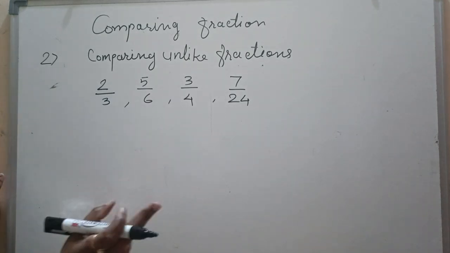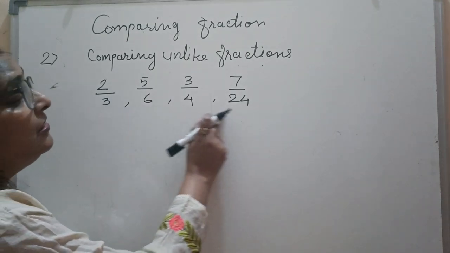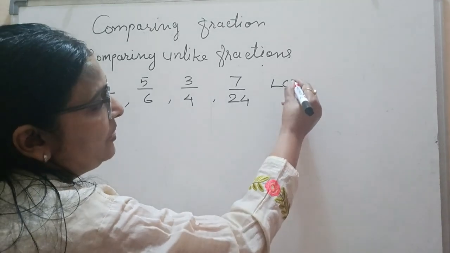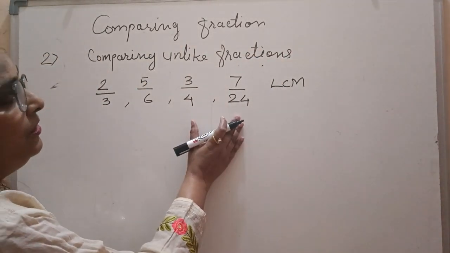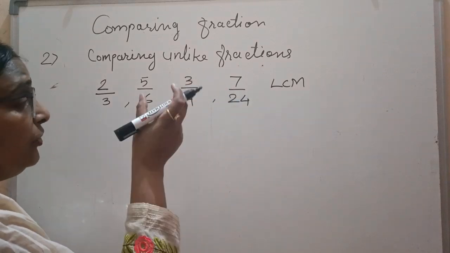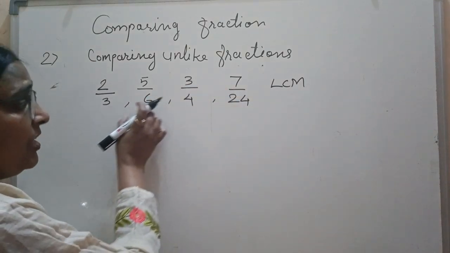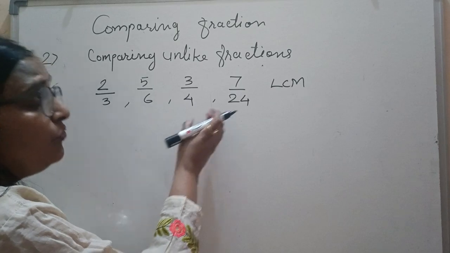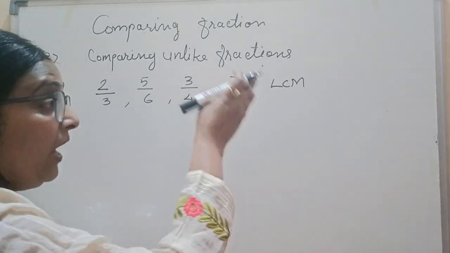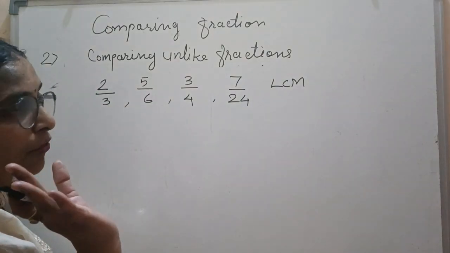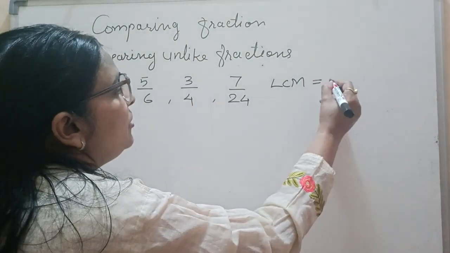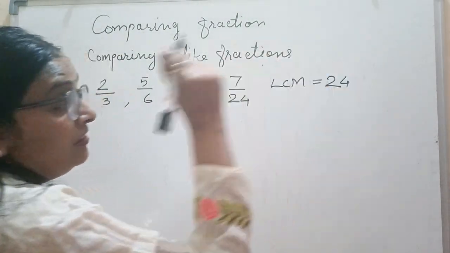For that, I told you that you have to take the LCM of the denominators. What will be the LCM of the denominators here? I told you to look at the tables of 3, 6 and 4, and the 24 table, and find the common number. So I will take 24 as the LCM.